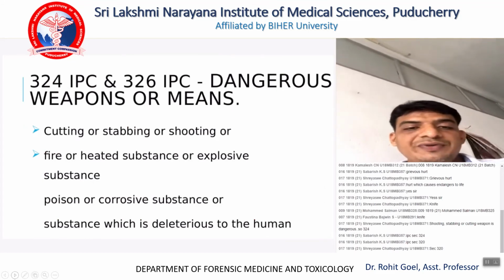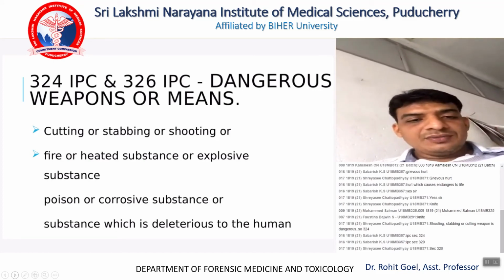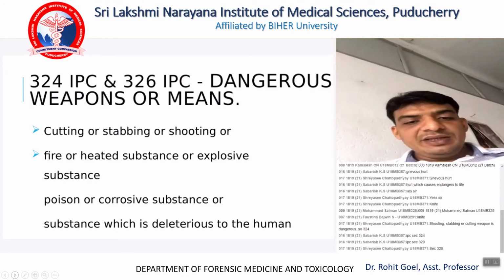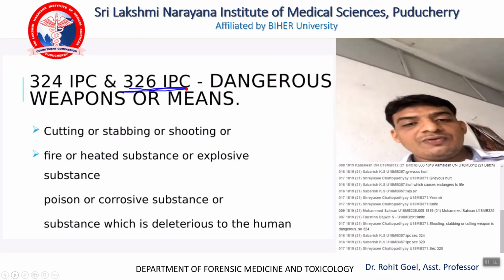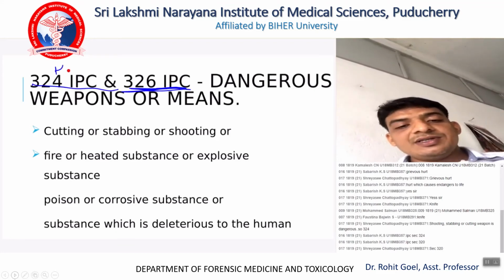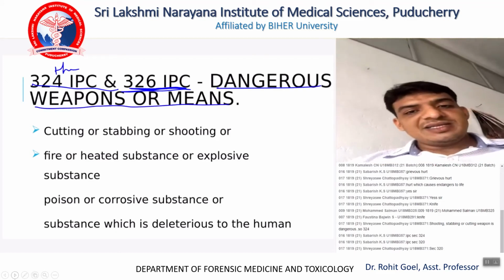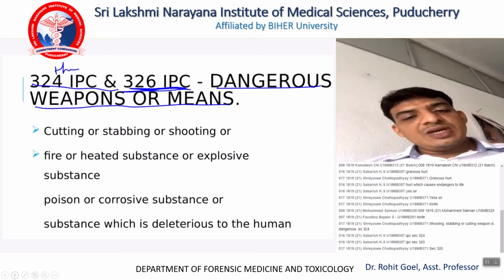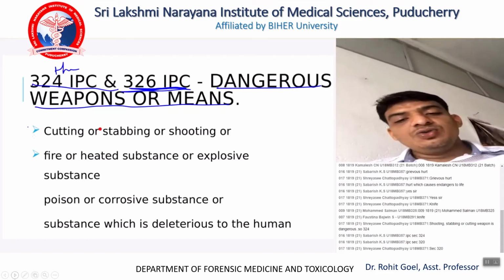Okay, just to revise, if you want to write it down, you can write it also. 324 IPC, 326 IPC deal with definition of hurt and grievous hurt by dangerous weapons and dangerous means. What are these dangerous weapons and dangerous means? It has been clarified in these respective sections that whichever weapon has the effect of cutting, stabbing, or shooting.